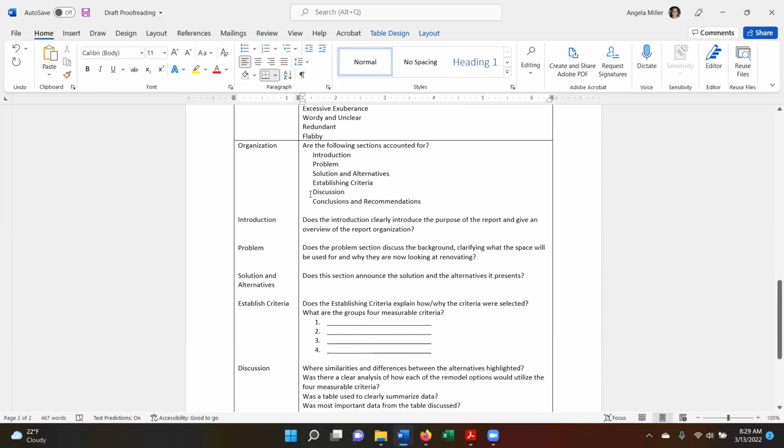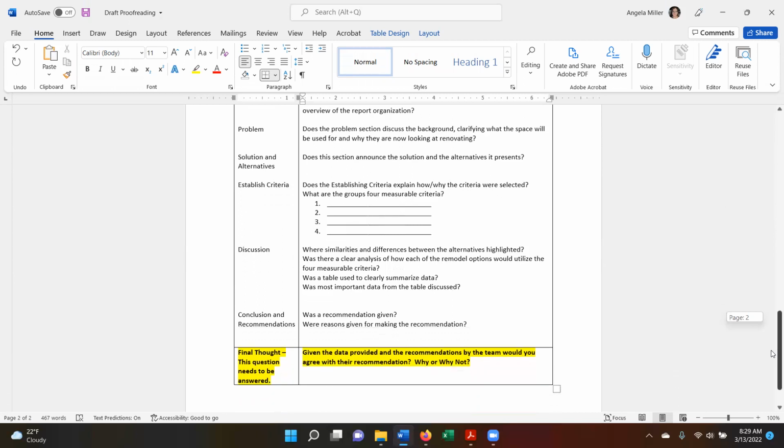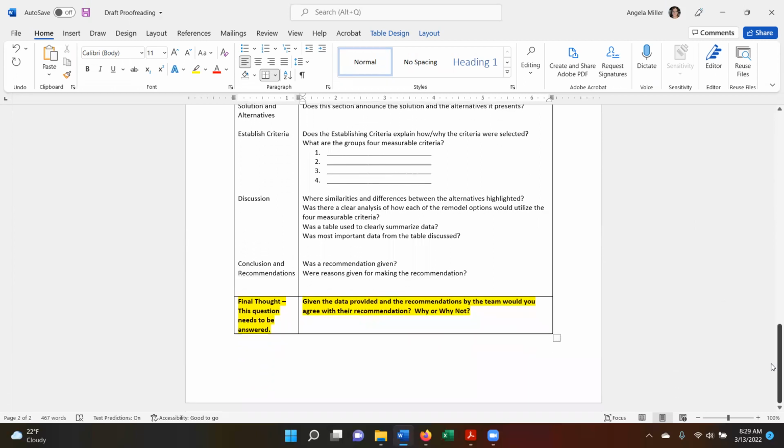So you're looking for those sections that we have in our outline. Make sure it has a good introduction. Make sure that you understand what the problem is. Make sure that the 3 different alternatives are all listed there. You want to make sure that the measurable criteria are there and that you understand what they are. If you don't understand what the measurable criteria are, how are they going to be useful, right? Look at that discussion and see if you can understand the similarities and differences between the different alternatives.